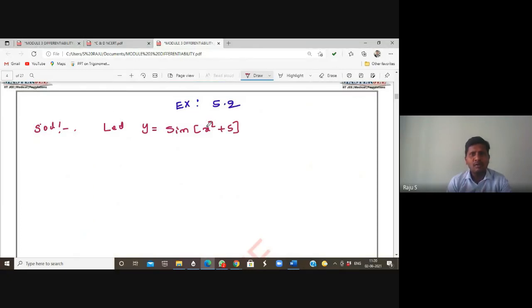Now we want to differentiate with respect to x. Here we know that we can write dy by dx directly as cos of x squared plus 5 into the derivative of x squared plus 5, which is 2x.